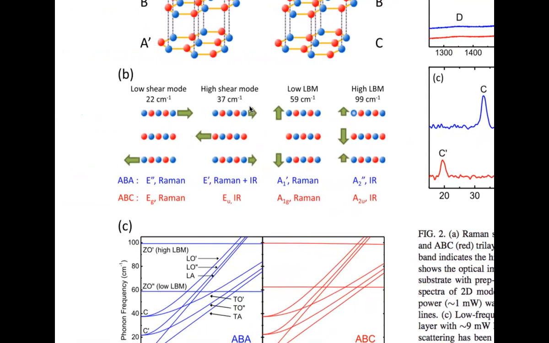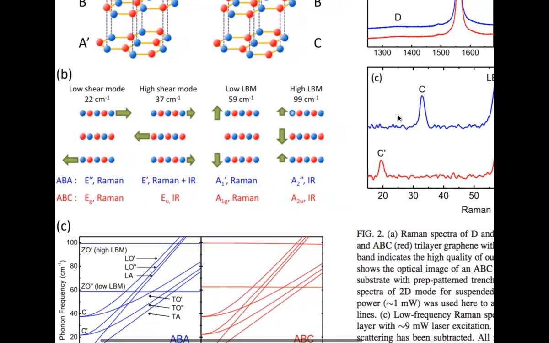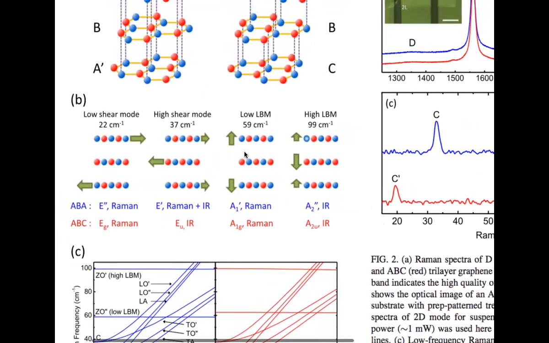So that's why you don't detect it. And in our experiment we didn't see it. So although it is Raman active, in that particular detection geometry, we could not see it. Okay. Any questions? Okay, it's straightforward, right?